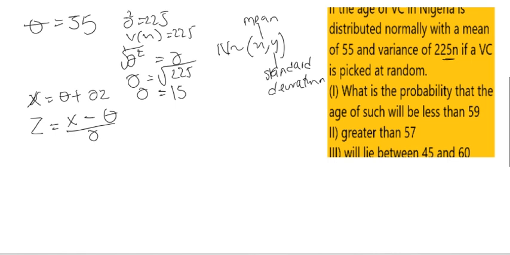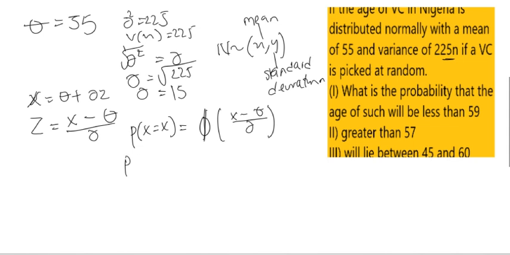So for normal distribution, when P of X is equal to x, this value represents the z score: x minus the mean divided by the standard deviation. This is the formula for P of X equals x.